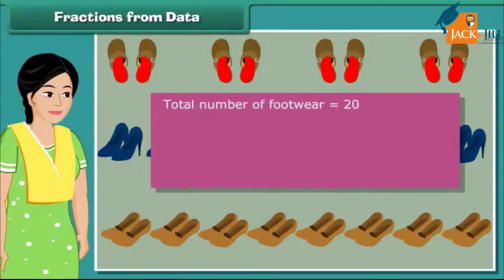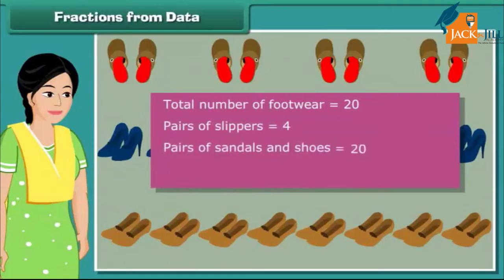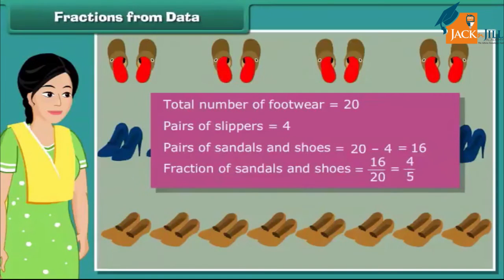Total number of footwear is equal to 20. Pairs of slippers are 4. Pairs of sandals and shoes are 20 minus 4, which is 16. Fraction of sandals and shoes is 16/20, which equals 4/5.